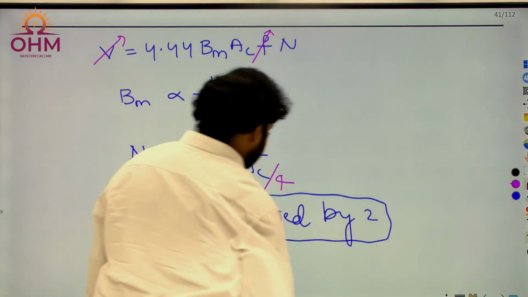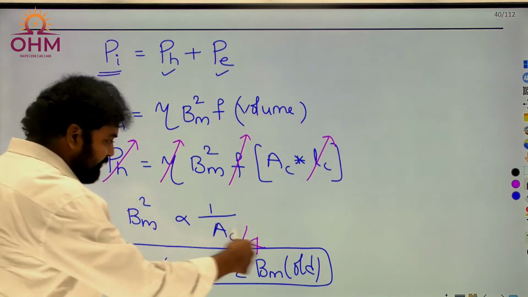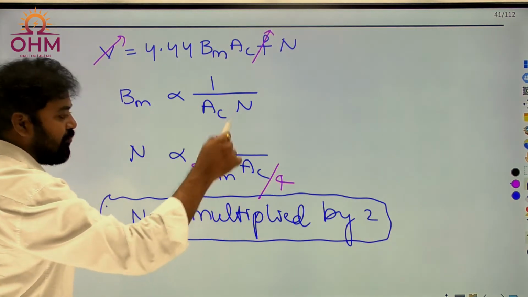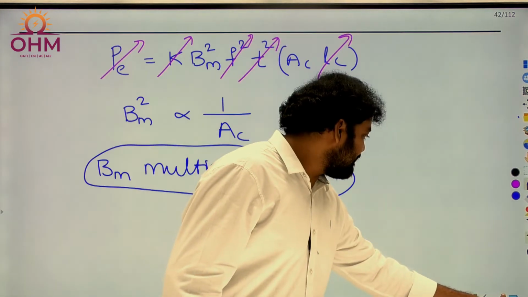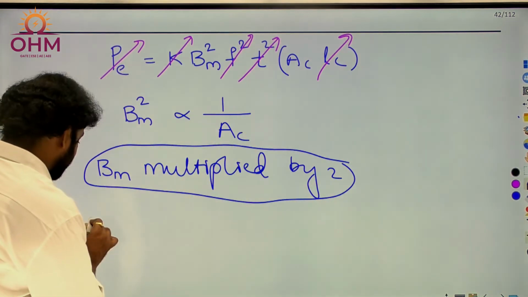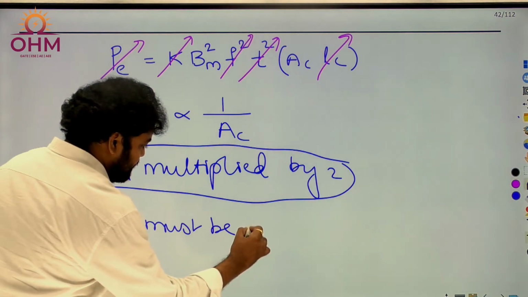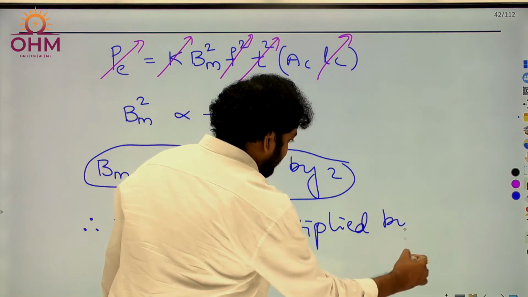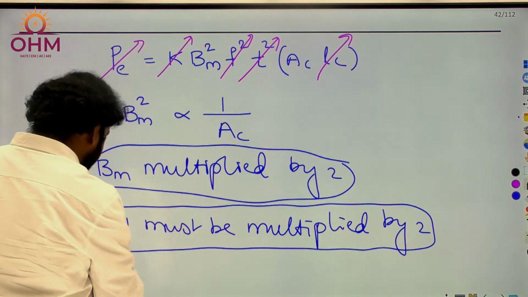Even from hysteresis loss also, the conclusion is Bm is multiplied by 2. If Bm has to be multiplied by 2, according to this relation, number of turns must be multiplied by 2. Therefore, I need not solve it again. I can directly write, therefore, n must be multiplied by 2.